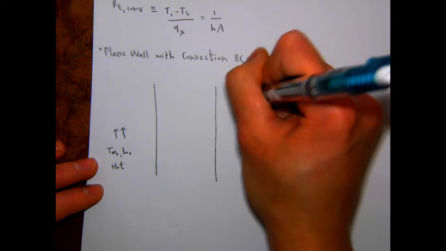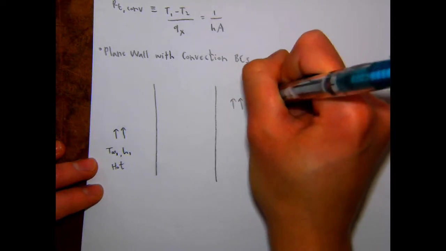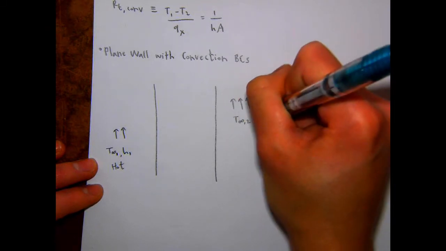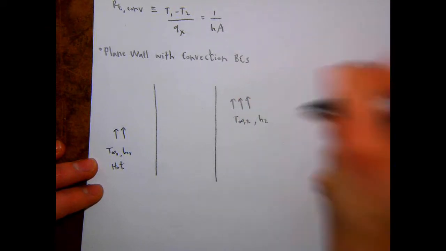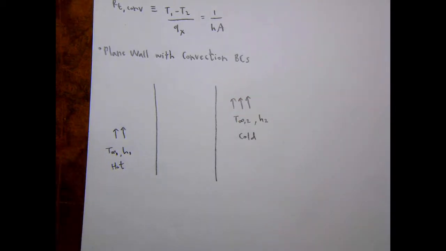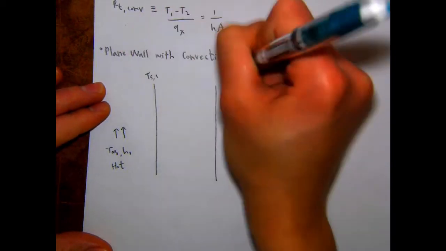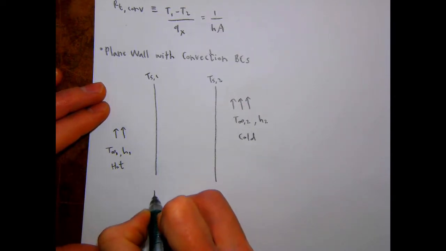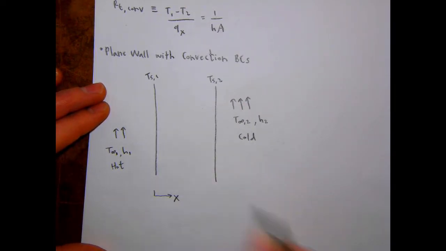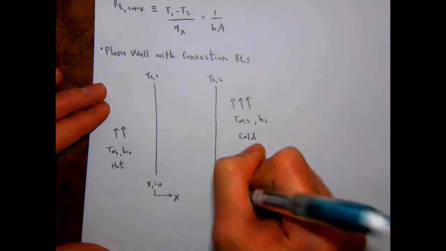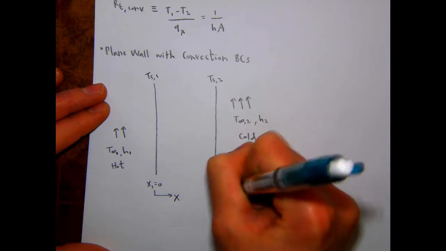And then on the other side, we've got flow that has temperature T infinity 2 and convection coefficient H2, and that's cold. And then we have our surface temperatures TS1, TS2. Define X in this direction. X1 equals 0 and X2 equals L.